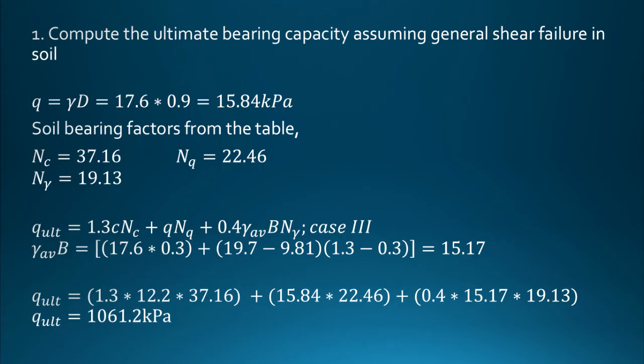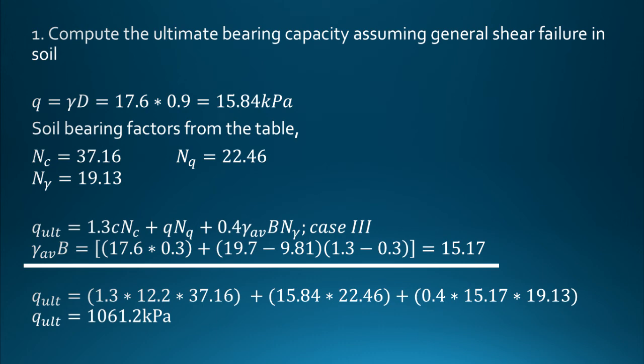So, gamma average B is also equal to, ito na, 17.6 times 0.3 plus yung gamma submerge or yung effective gamma, 19.7 minus 9.81. Tapos, 1.3 or yung width minus yung distance ng tip ng footing to the groundwater table.